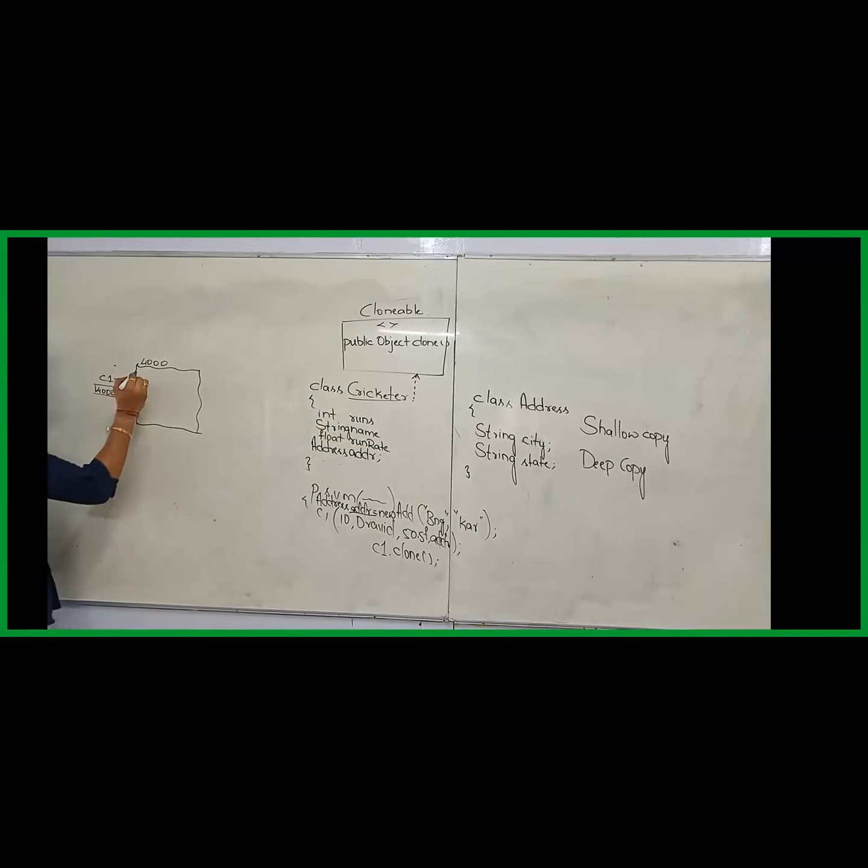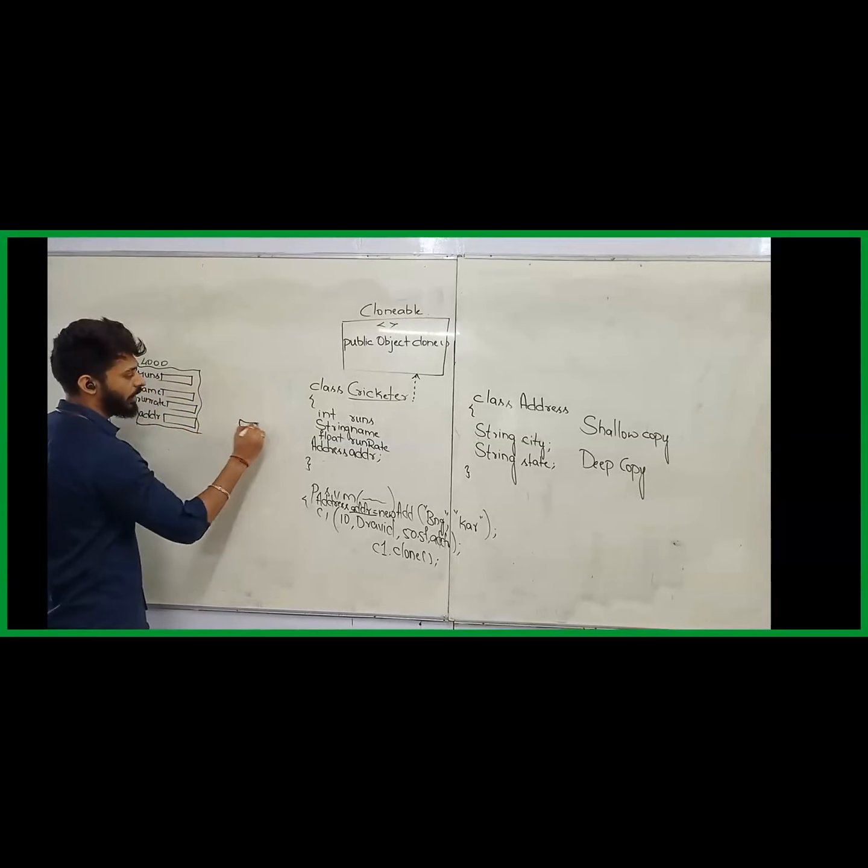Inside your C1, which are all the variables that are present? Runs, name, run rate, and then ADDR. For ADDR, what I have done is I have created one more object here.